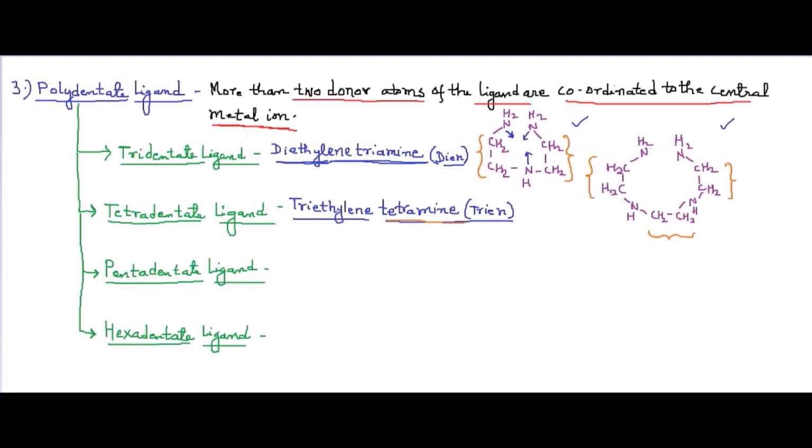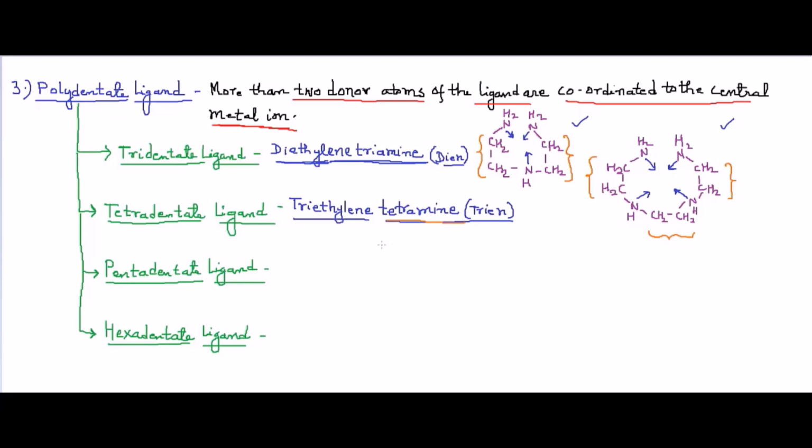So there are four amino groups, one here, one here, two amino groups, and then the terminal two amino groups. That means four amino groups and four nitrogens. That is why we have four nitrogens as donor atoms, and that is why this is the tetradentate ligand. So four donor atoms, that is the four nitrogen atoms in the four amino groups.